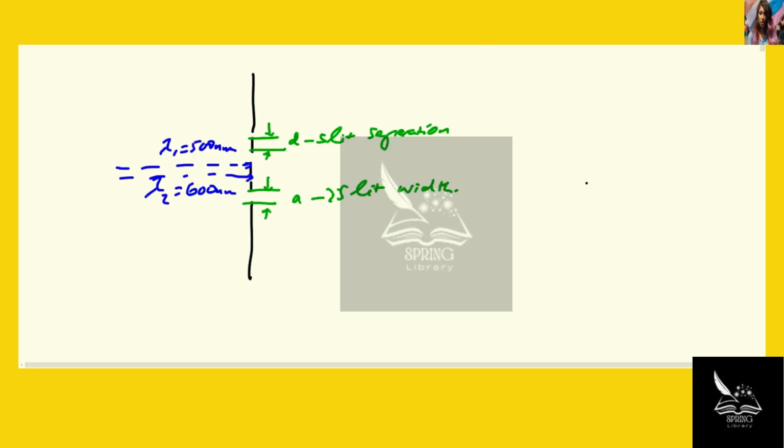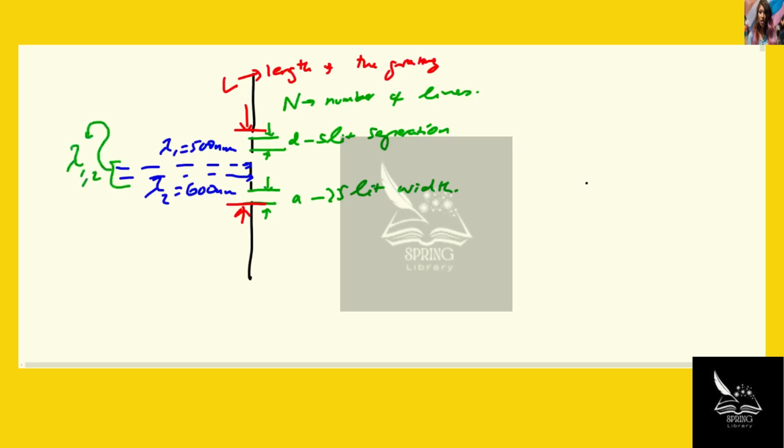The grating itself, this distance, L, is the length of the grating, and the number of lines, N, is the number of lines coming in. So assume this is lambda 1, 2, it's a mixture, and our goal is to find d and a.